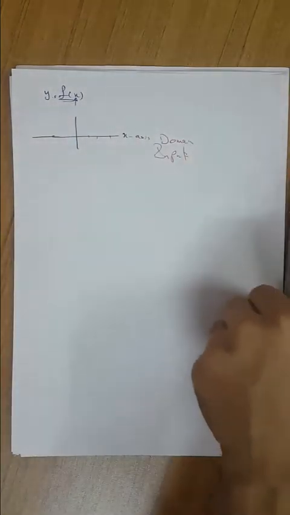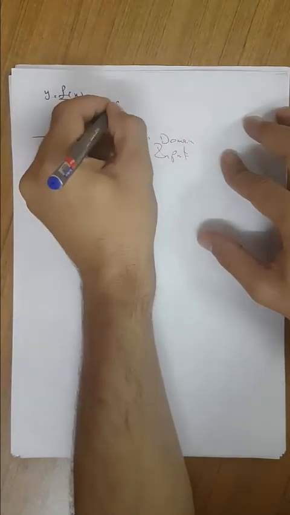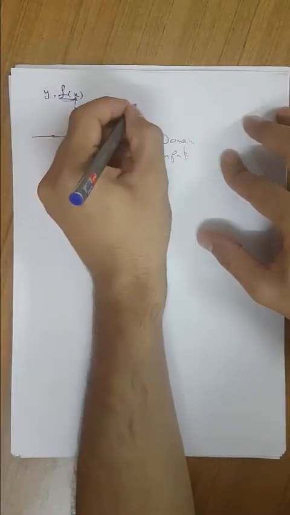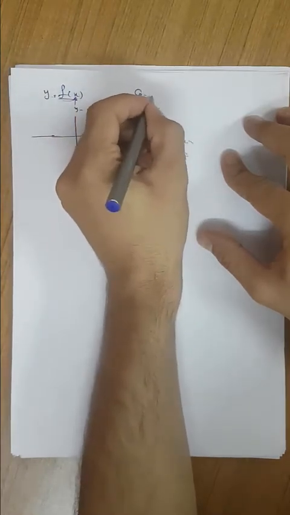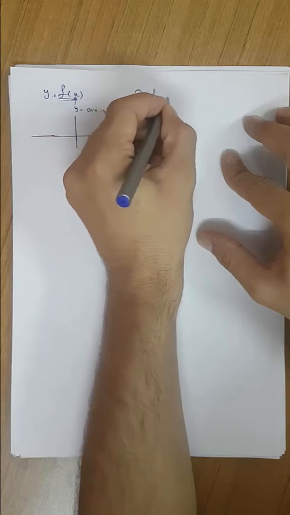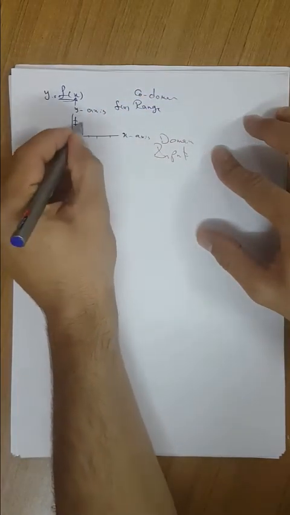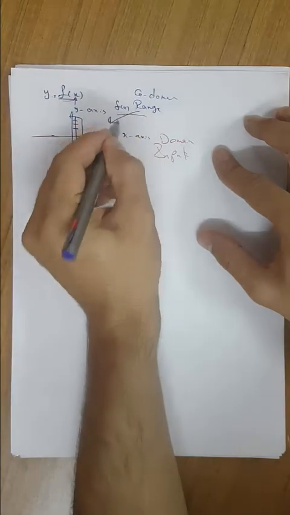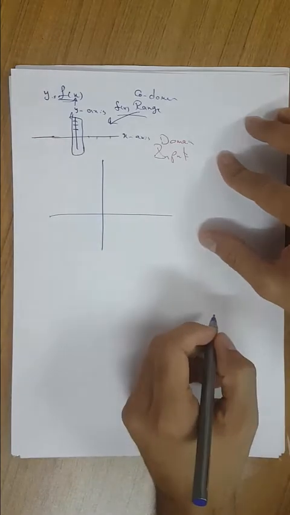When I say y-axis, we mean f of x, or range, or sometimes you can also call it codomain. So the values of y will give us the range. That's very important. So from now on, the x-axis is the domain and the y-axis is the range.